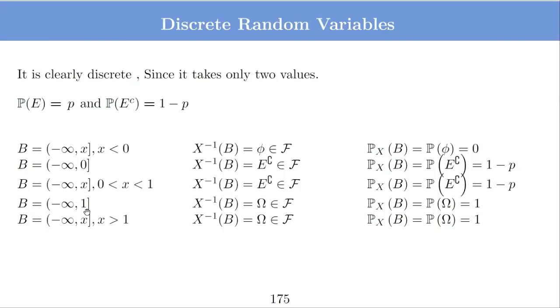Once you include 1 also in this set, then suddenly all the elements which map to 1 are also included, and those are all E. So E is included along with E complement, so the complete set will become the complete omega. And then you will see there is an increase in the probability of this set because E complement was 1 minus p, and the newly added set E has a probability measure p.